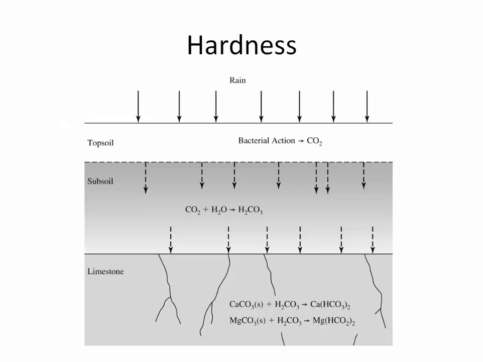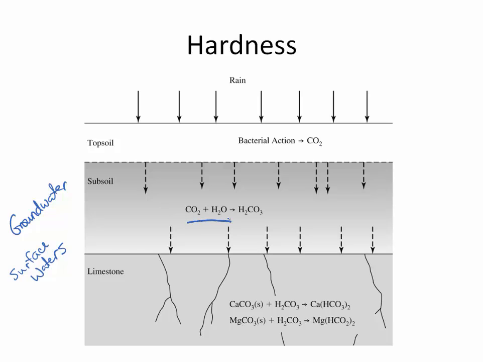So before we get into the water treatment aspect, I want you to understand where hardness comes from and why it is mostly prevalent in groundwater. Groundwater sources are typically plagued with water hardness, or surface waters that are influenced by geology similar to this. Typically you would have rain that trickles into the subsurface and brings with it carbon dioxide from biological processes.